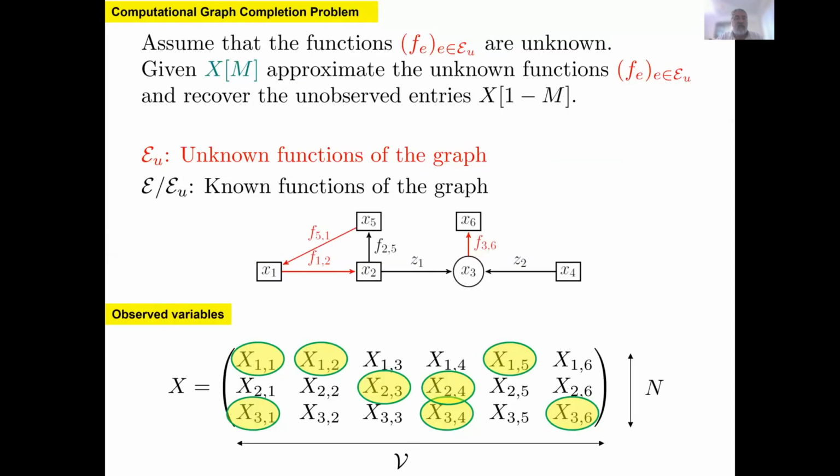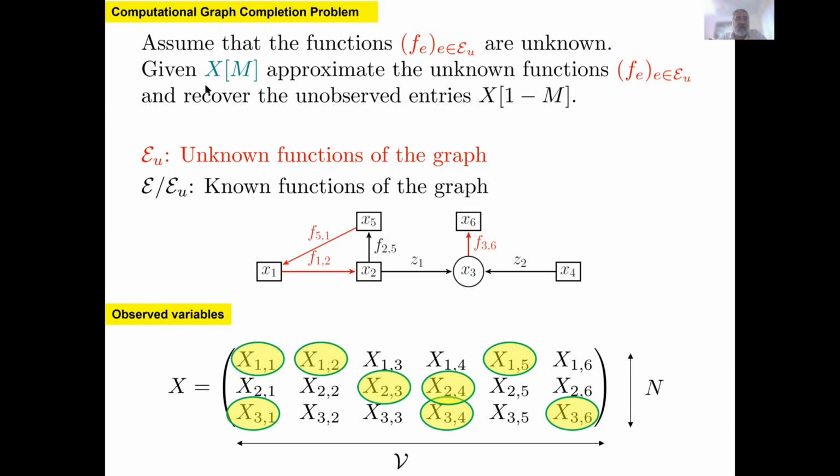And now consider the following problem, which we call a computational graph completion problem. Assume that some of the functions of the graph are unknown. I will use red arrows to represent unknown functions and black arrows to represent known functions.